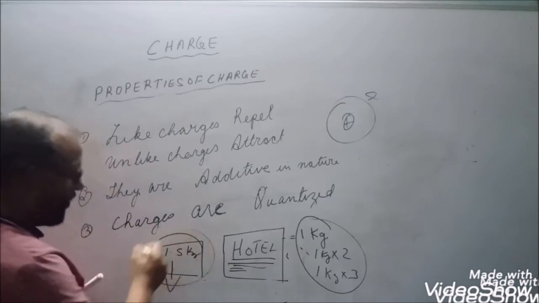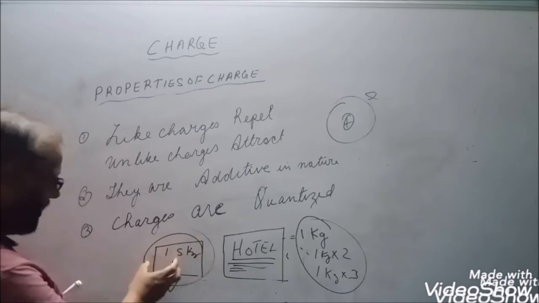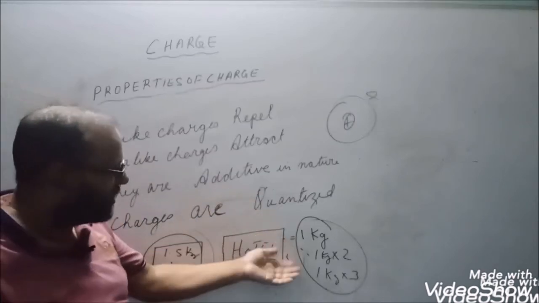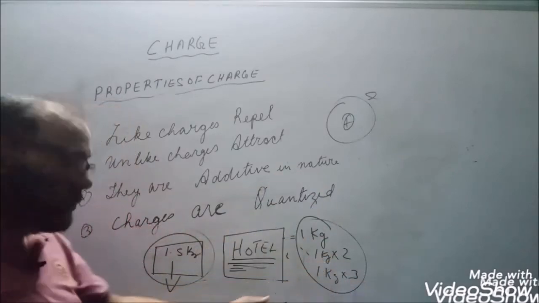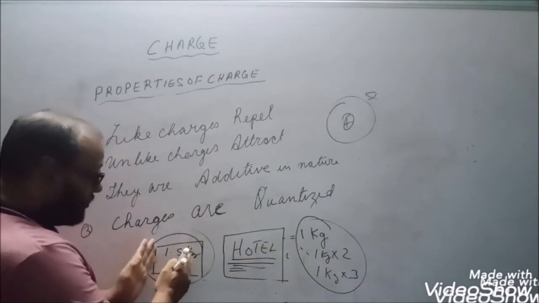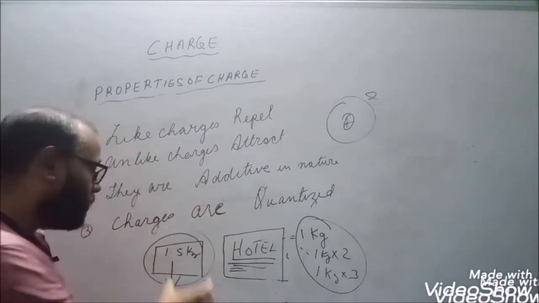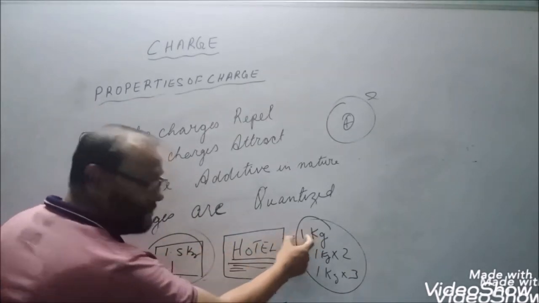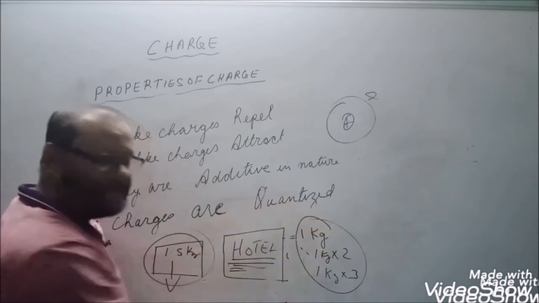So this has been quantized. This hotel has quantized rasgulla as 1.5 kg minimum, and the other hotel has quantized 1 kg as minimum. So the question is not 1.5 kg or 1 kg, but the term quantized. It is not about the integer 1.5 or 1 kg, it is the concept of quantization.